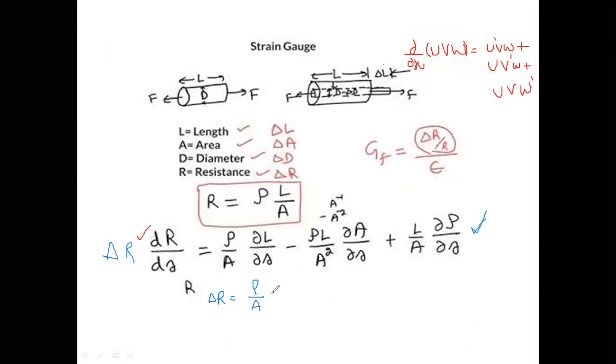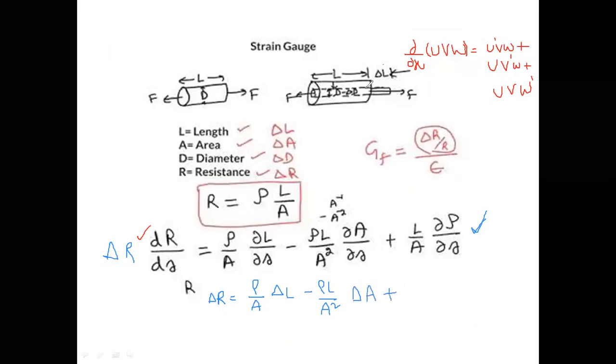That I call delta L. Change in length, plus minus rho L by A square, dou A by dou S means change in area. I call it delta A.